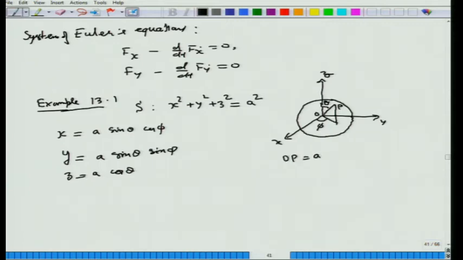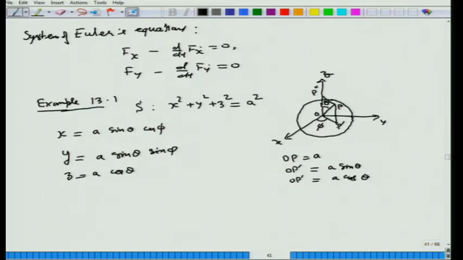Because here OP is equal to a, and when we project it here, let us say this is P dash. So, OP dash is a sin theta, and let us say this one is P double dash, and OP double dash, that is the z coordinate, is a cos theta.